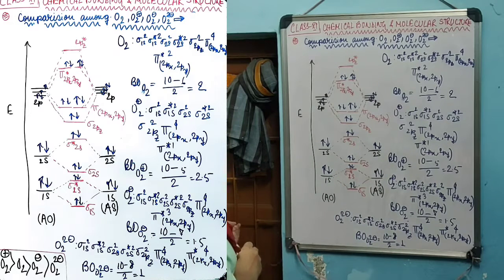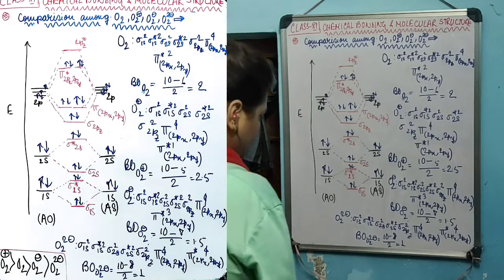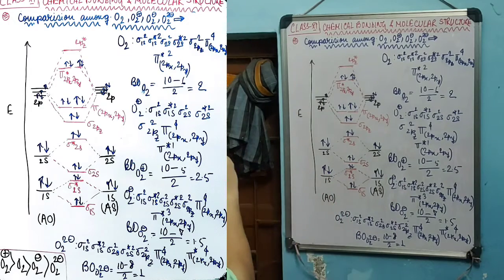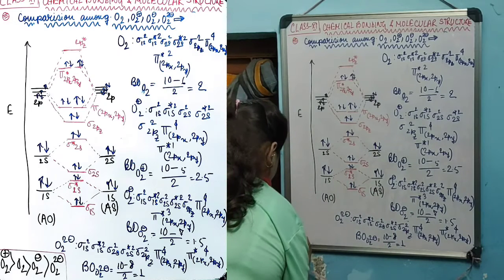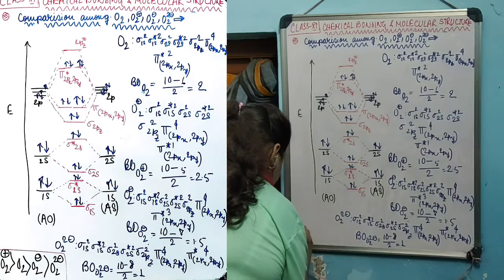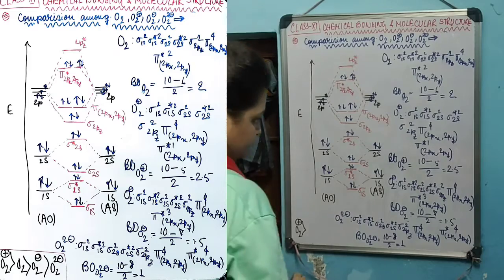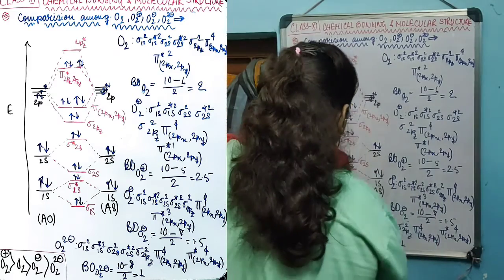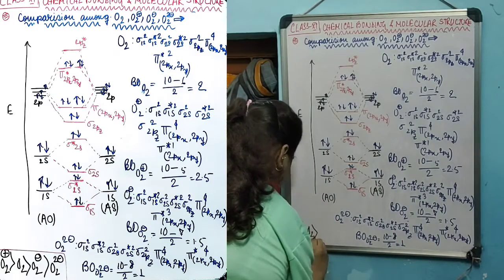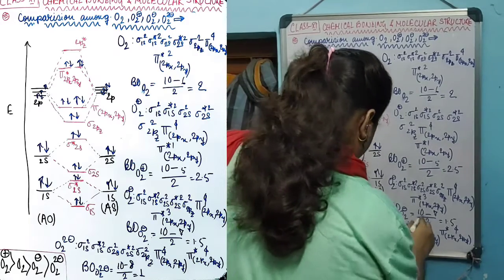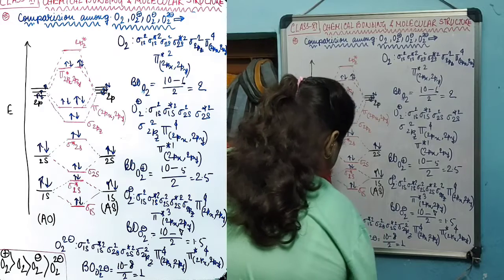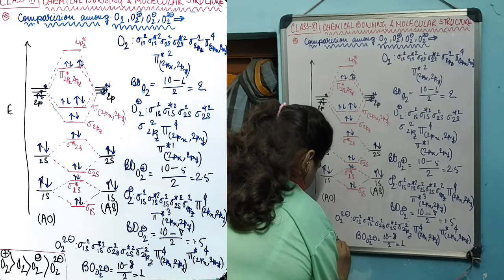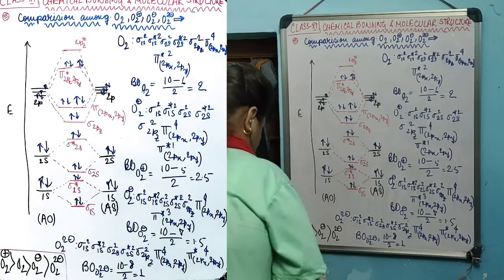Hence, if I have to construct the stability order, the most stable will be O2 plus with bond order 2.5, then O2, then O2 minus, and the least stable will be O2 2 minus.